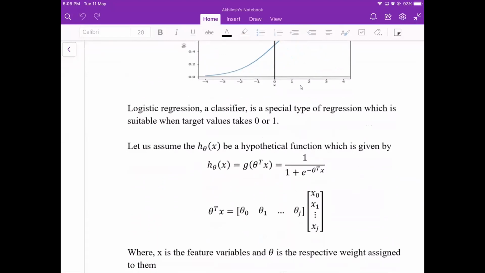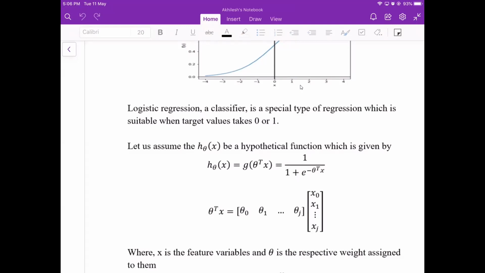So the sigmoid function is 1 upon 1 plus e to the power minus theta transpose x, where theta is the coefficient.